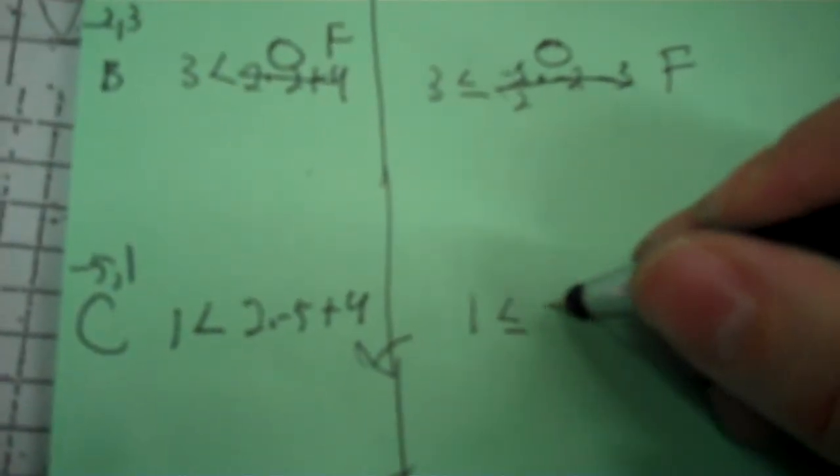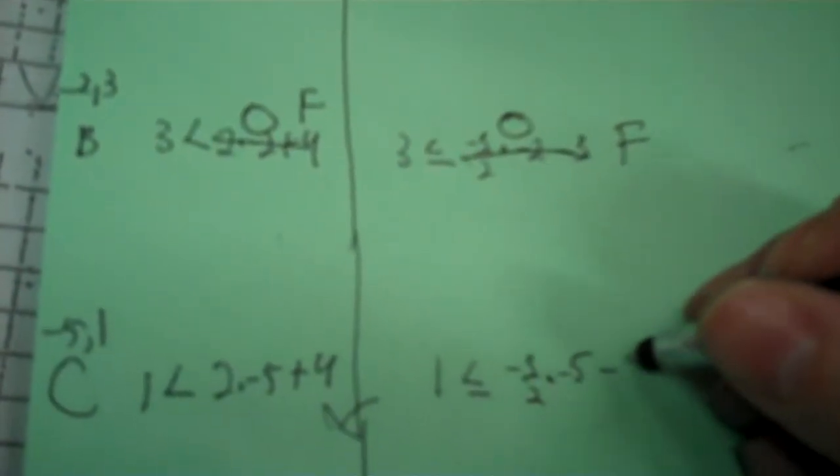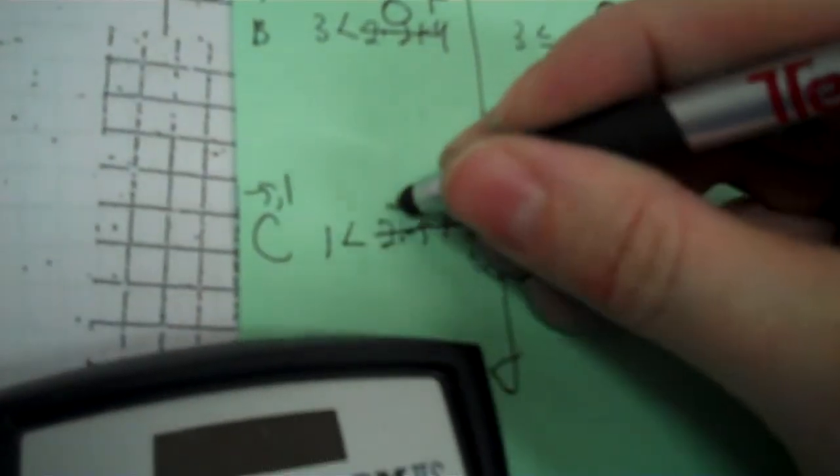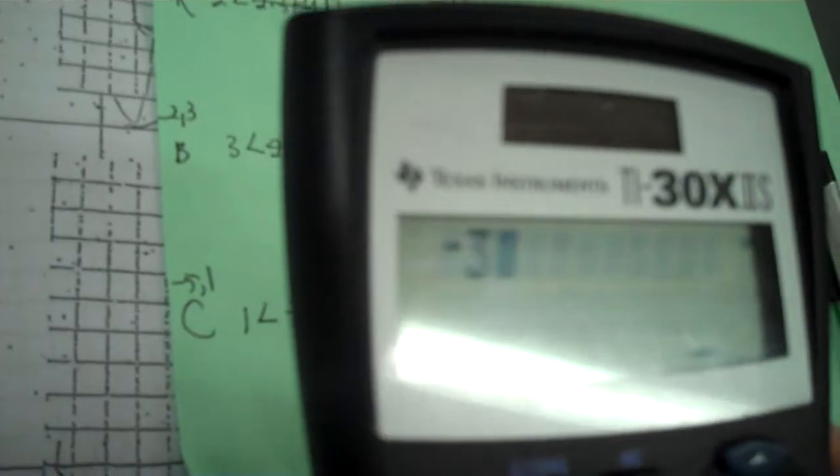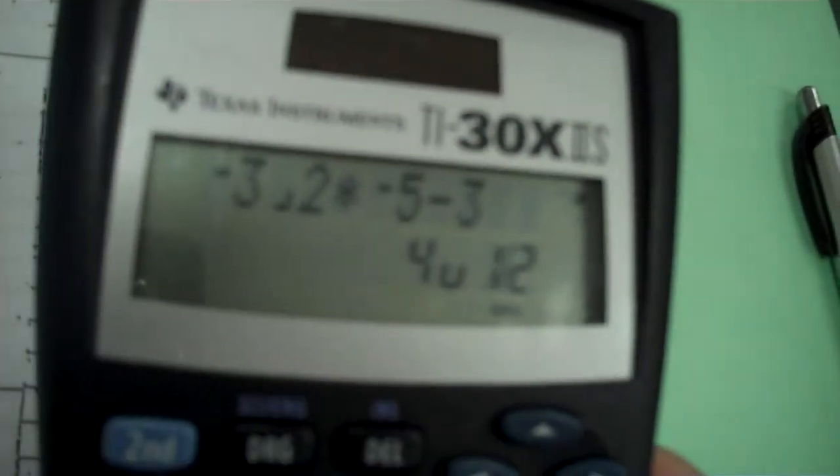Over here, 1 goes in for the y. Negative 3 over 2 times negative 5 minus 3. These are not fun, I will admit. No whining. Negative 6. Or next time I'll assign 6 of them, okay? Don't ruin it for the class, please. Okay? Okay, 4.5.